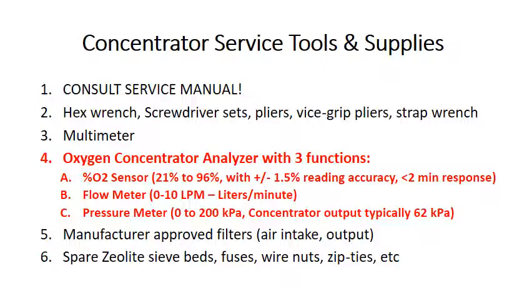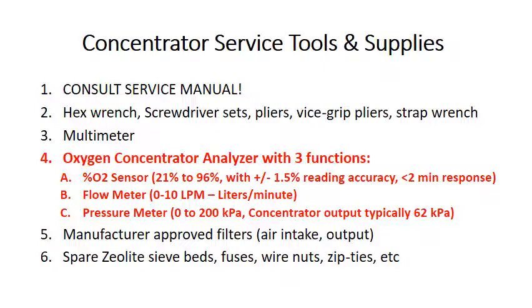Percent O2 sensor, which should read at least 21% to 96% with plus or minus 1.5% reading accuracy and less than a 2-minute response. The concentrator analyzer should also have a flow meter that's 0 to 10 liters per minute at least.